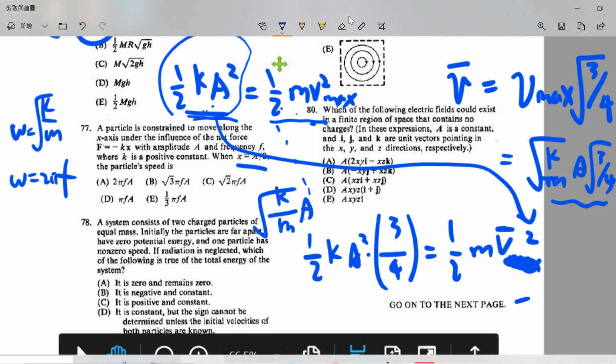So basically this term is 2 pi f A over 2 times the square root of 3, so it's pi f A square root of 3. So the answer is B. You just need energy conservation, so I think it's easy to solve.